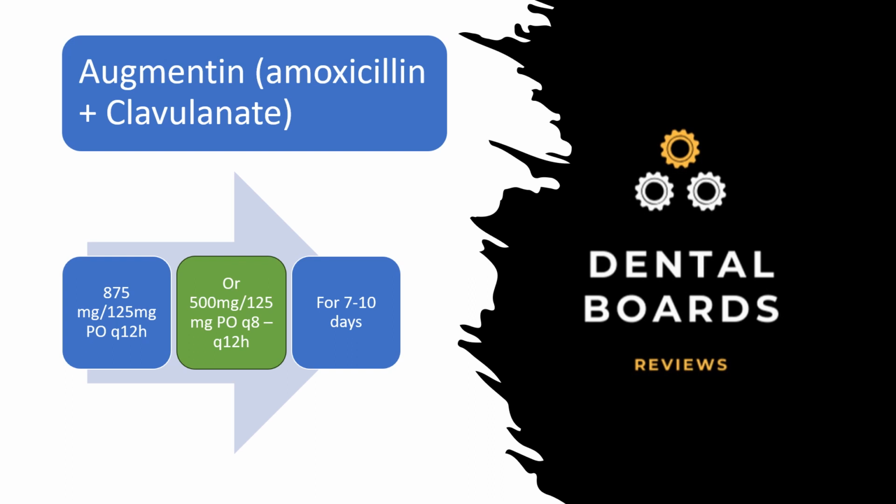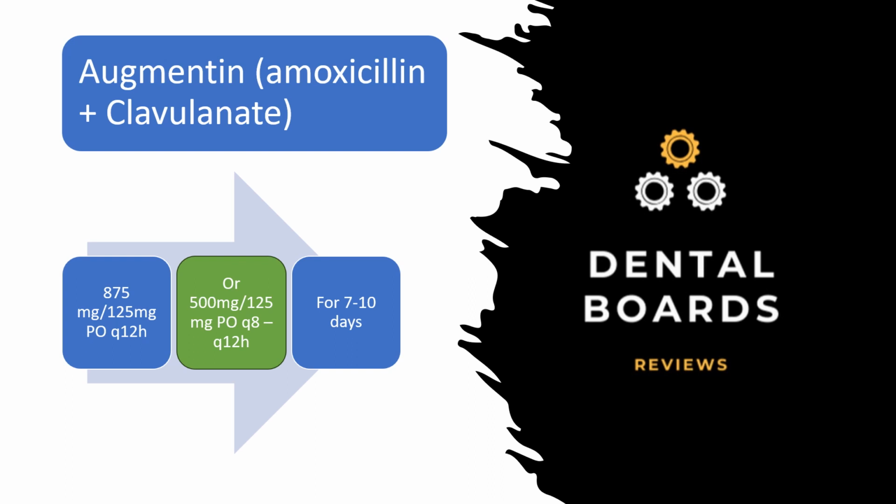All right. The way you prescribe it, you can give 875 milligrams. This is the milligrams of amoxicillin, and the 125 milligrams is the milligrams of clavulanic acid. So it's 875/125 milligrams PO Q12 hours, so every 12 hours.